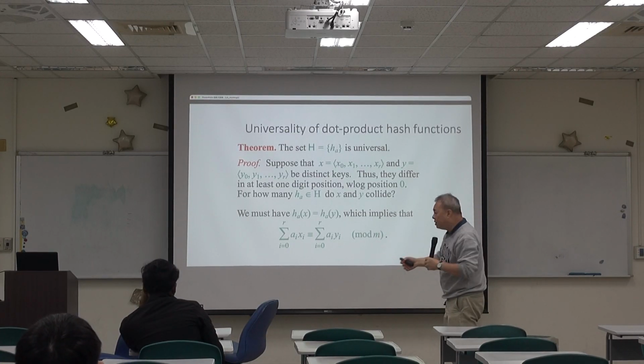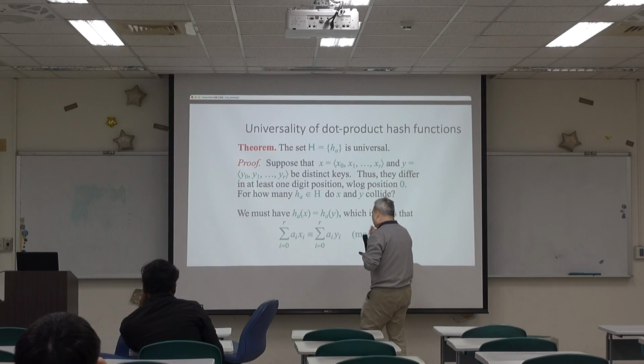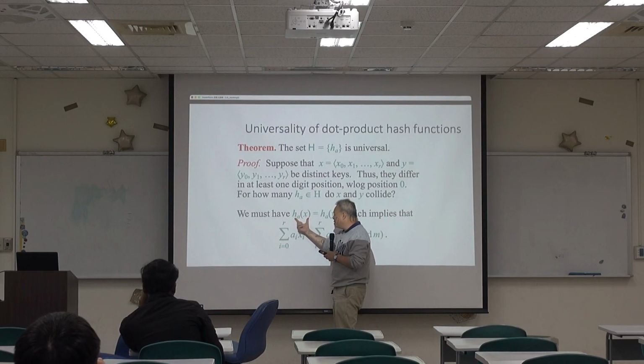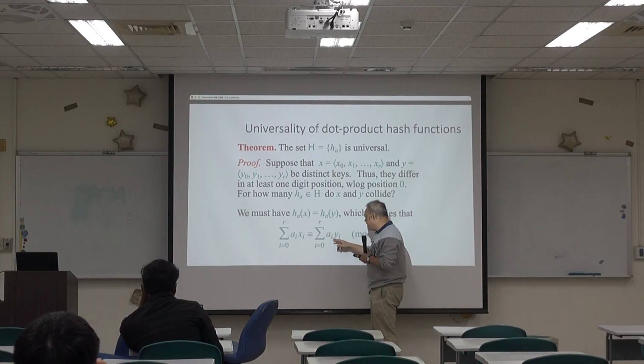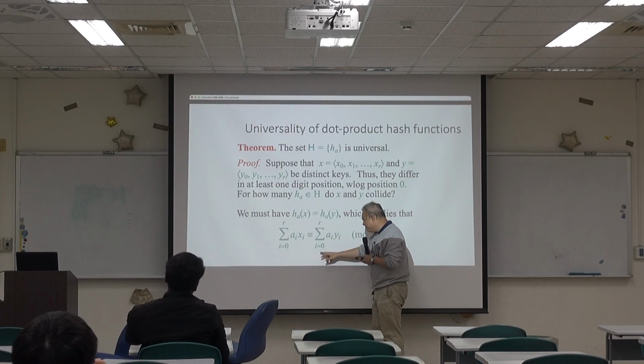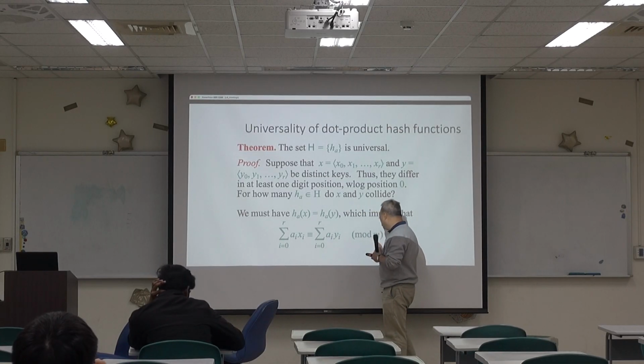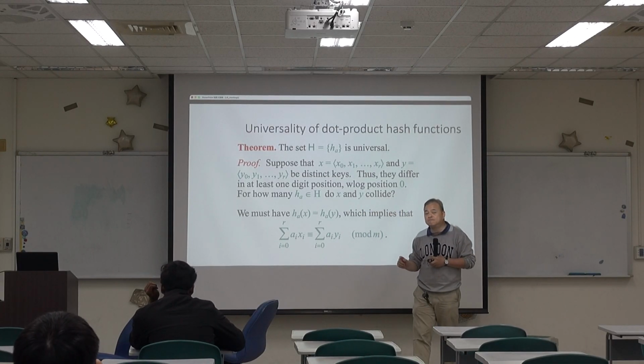According to the definition of the hash function, that means the summation of a_i x_i is equivalent to the summation of a_i y_i, mod n.